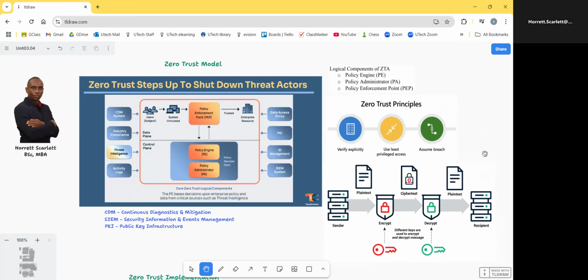And the zero trust model is the principle that says we're always going to assume that a breach has occurred. We're always going to ensure that we explicitly verify every person, every application that tries to do an operation within the network.